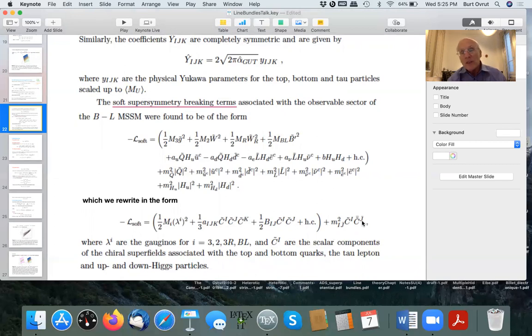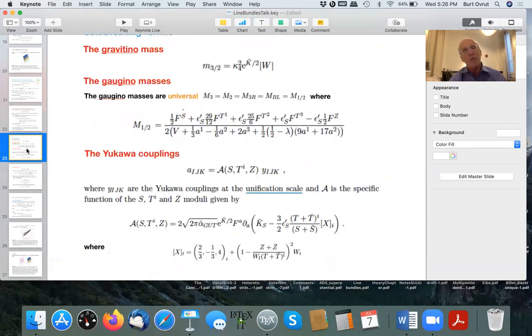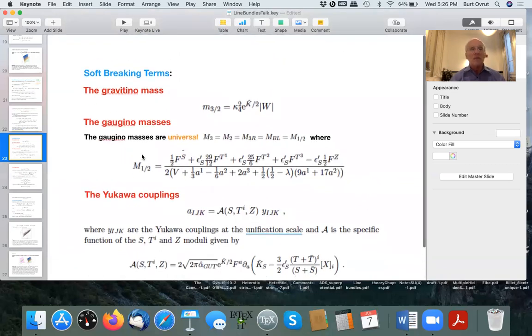And then we have a mass term here, which goes as C and C twiddle. The lambda are the gauginos for all of the gauge groups. The Ci twiddle are scalar components of the chiral superfields for top and bottom quarks, tau leptons, and up and down Higgs particles, et cetera, et cetera. See our papers for details.